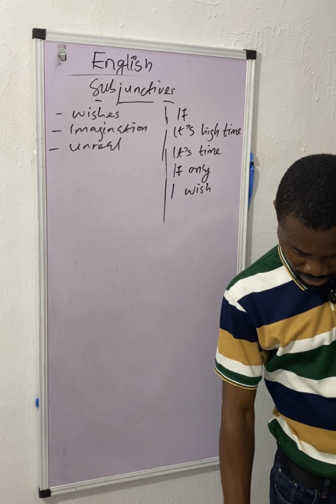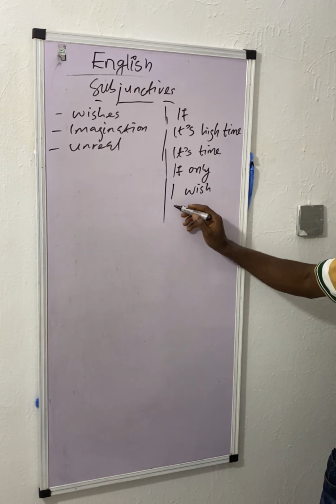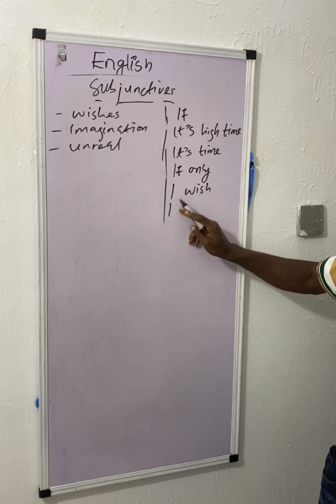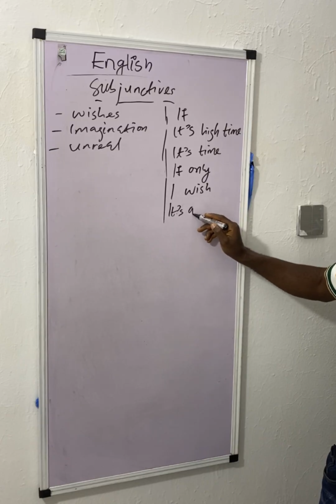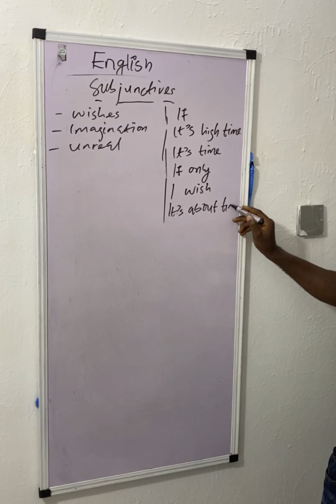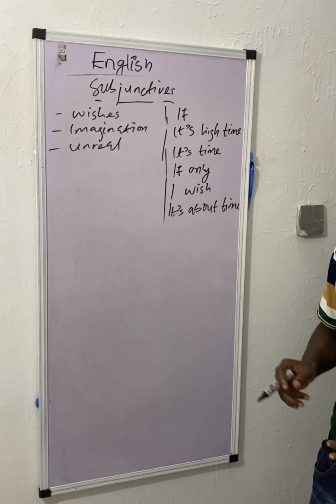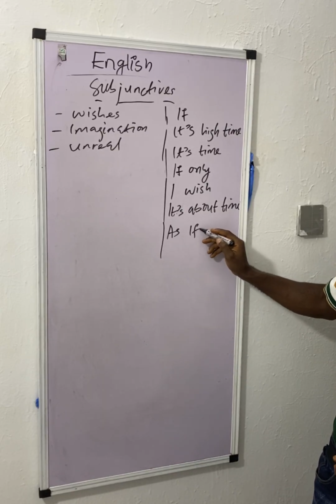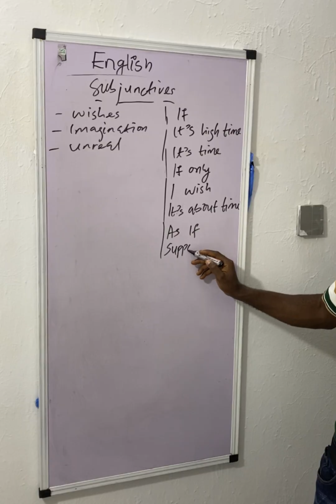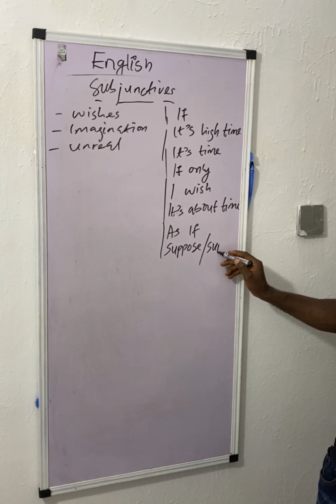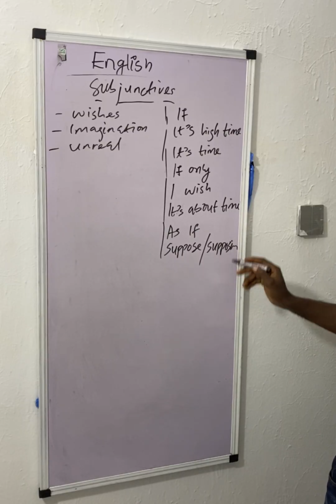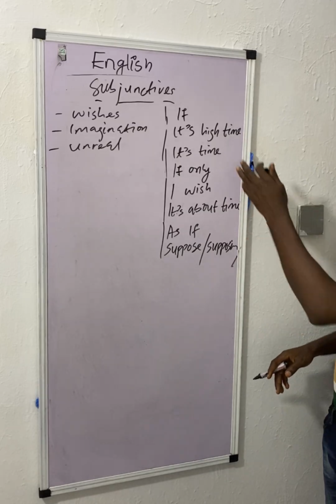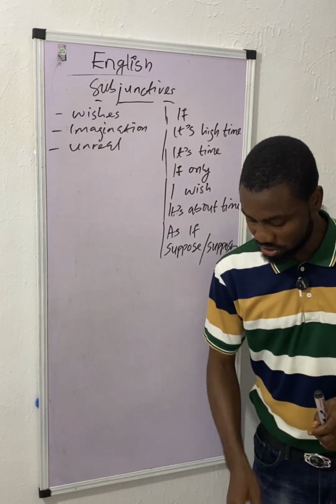As if, it's about time. Suppose, supposing. So these are the most common subjunctives.